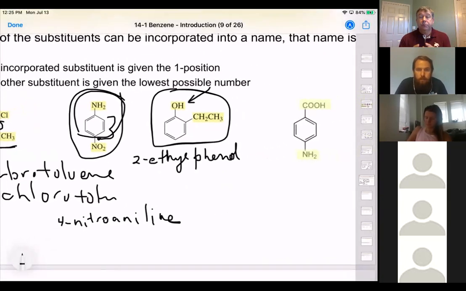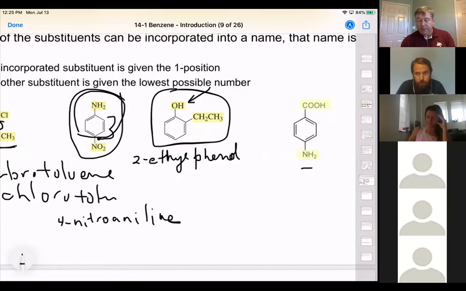Okay, so now we have one other rule we need to include here, is that if we have 2 groups that can change the name, you have to go with the name of the highest order thing, the highest priority. Now, if you go to Canvas or Tracks and look at that nomenclature review, it has a list of which things are higher priority. So in the case of this right here, amines are actually one of the lowest priority groups. Then there's alcohols and esters and ketones and aldehydes, and carboxylic acids are always the highest priority of naming group.